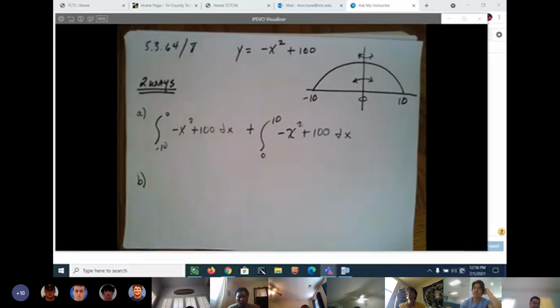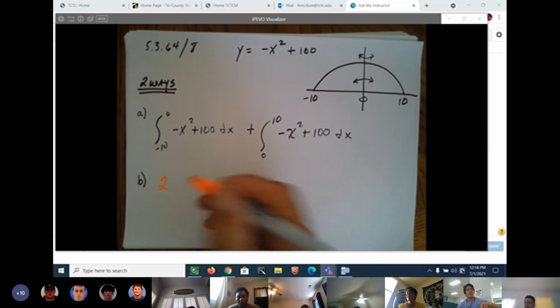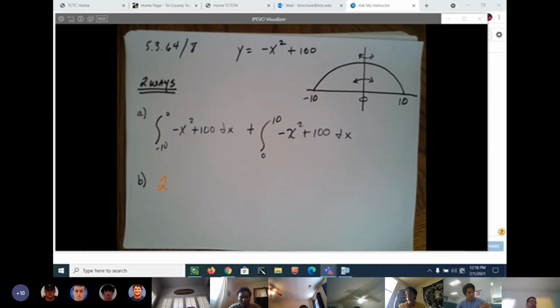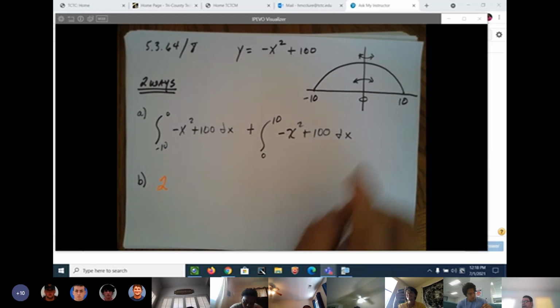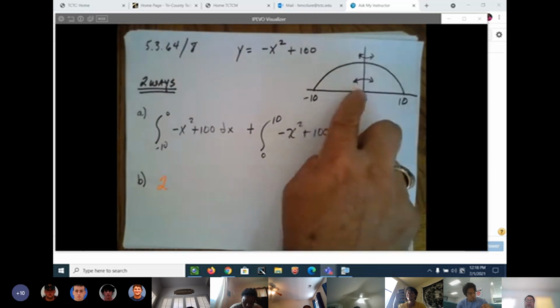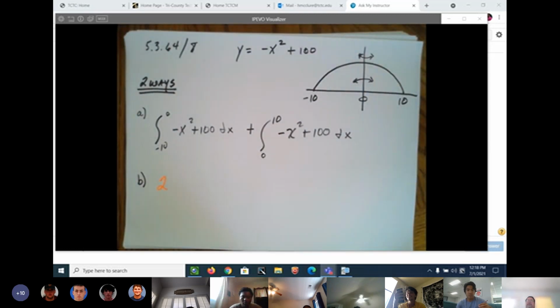Multiply by what? Multiply by 2. So which side am I going to pick? Am I going to do the area on the right side, or on the left side? Somebody tell me what you think I'm going to choose.